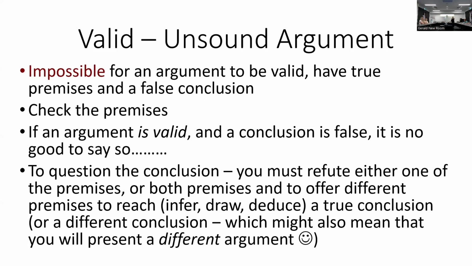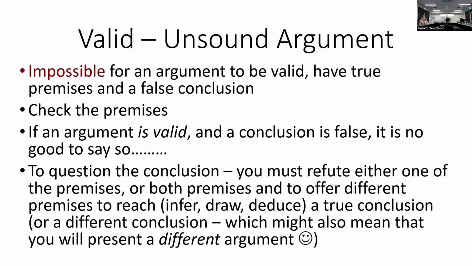So always check premises if you think the conclusion is false, for example "the dove is a four-legged animal." It could be valid, but one of the premises must be false if we have this false conclusion.